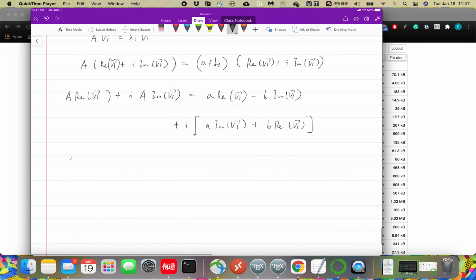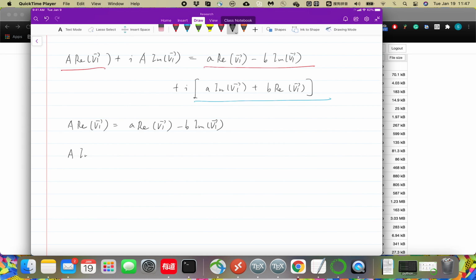Okay, then what you can write down are the following. The real part equals the real part. The imaginary part equals the imaginary part. A real v1 equals A real v1 minus B imaginary v1.